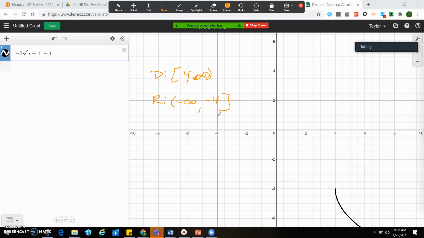Another way to write that domain and range is to say x is bigger than or equal to 4, and over here, y is less than or equal to -4. This is just a different notation.